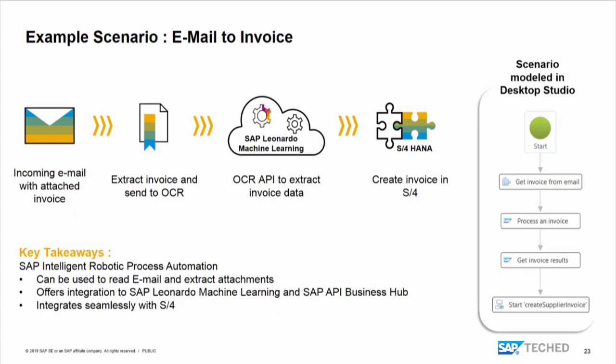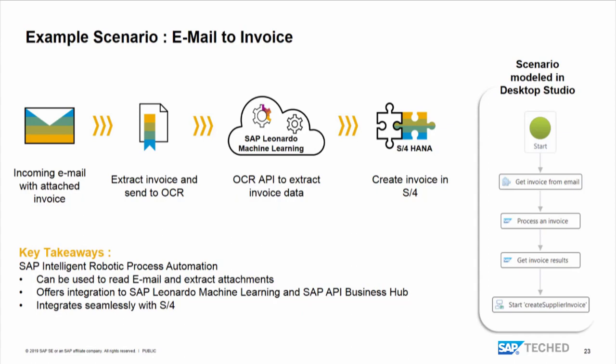So RPA will search in Outlook, find all the mails with PDF, extract the PDF, and then upload the PDF invoices to the machine learning. The machine learning will recognize these invoices and extract all the pertinent fields inside, and send back the fields.